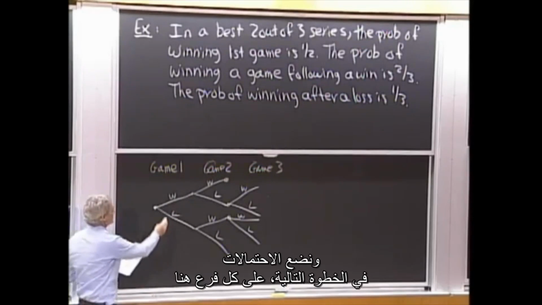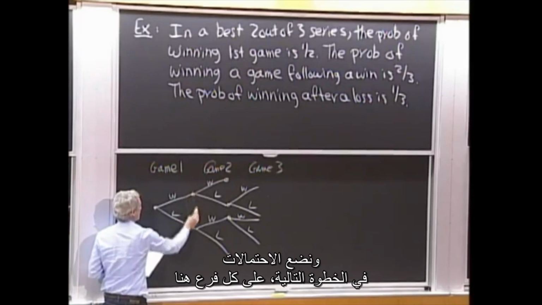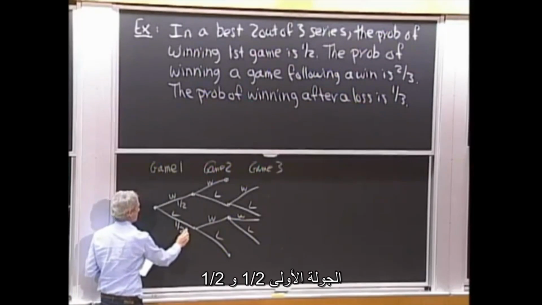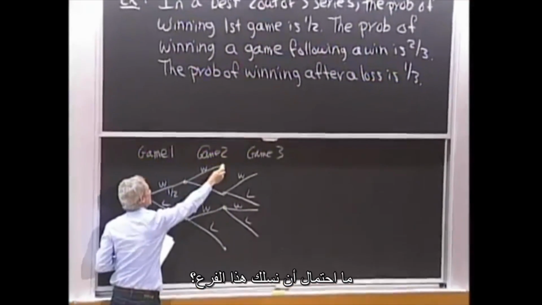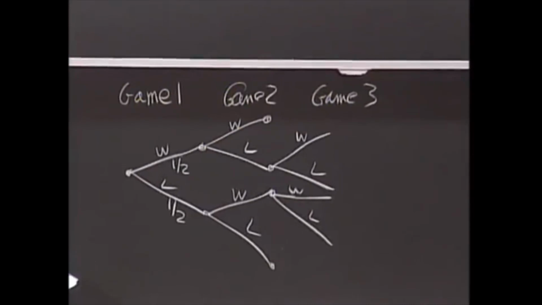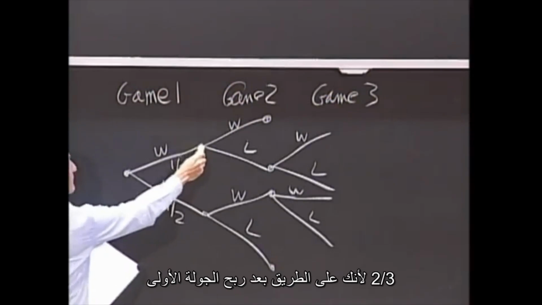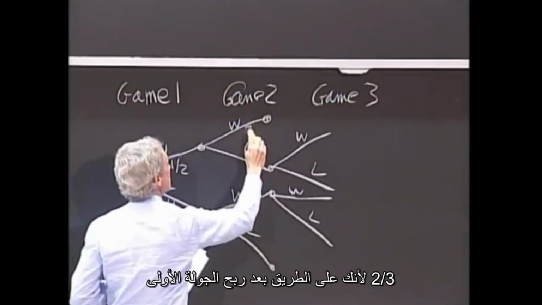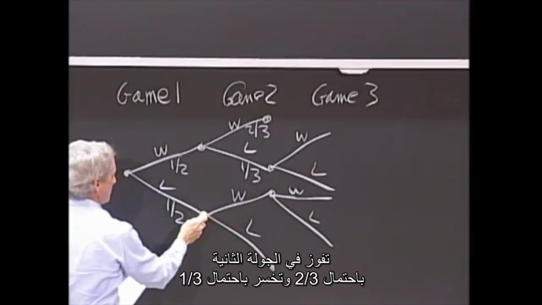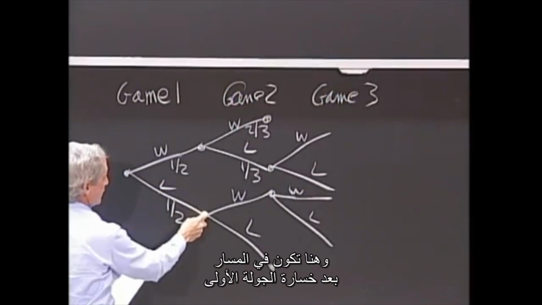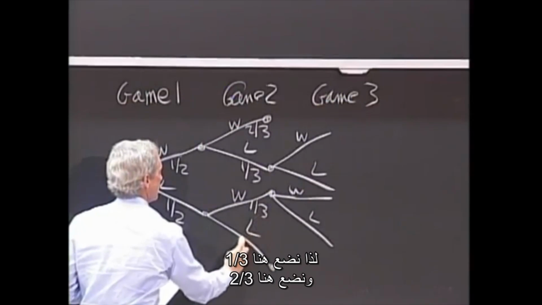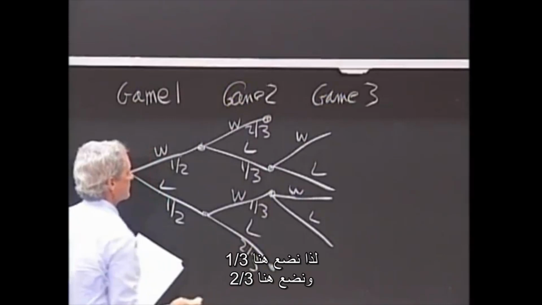The probabilities are next. We put a probability in every branch here. Game 1 is 50-50. What's the probability you take this branch? 2/3, because you're on the path where you won the first game. You win the second game with 2/3, you lose with 1/3. Now here you're on the path where you lost the first game, so this has 1/3 and this has 2/3.